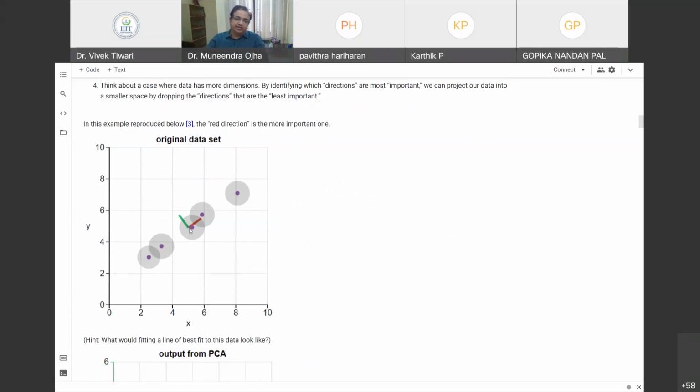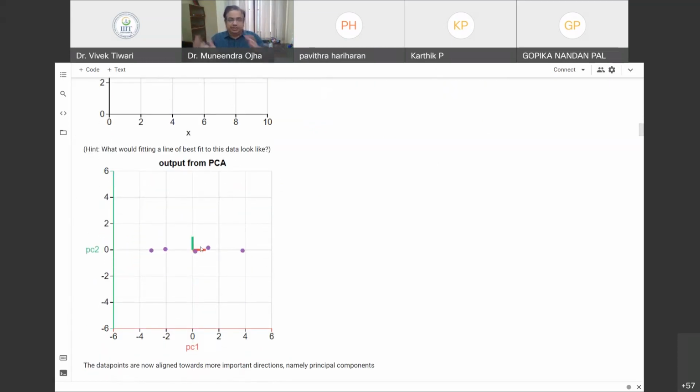And when it projects, the scenario becomes something like this. You have the original data, and in original data, x-axis in this direction, y-axis in this direction. But then you understand that your principal component will be somewhere in this direction, because this is the maximum variance. Now, after performing principal component analysis, your data should again be shifted such that now this is PC1.